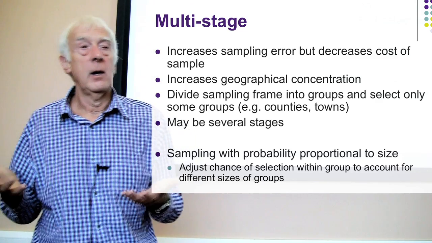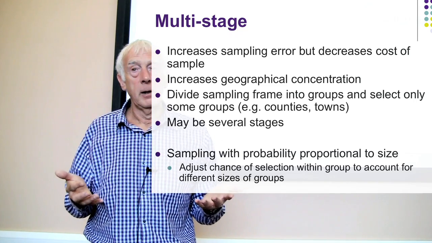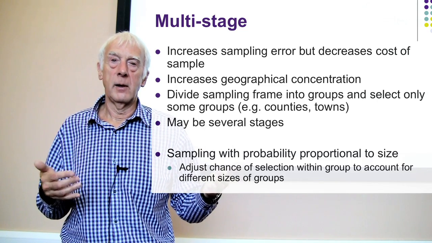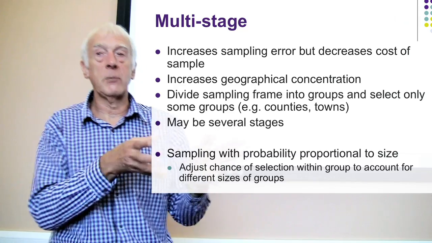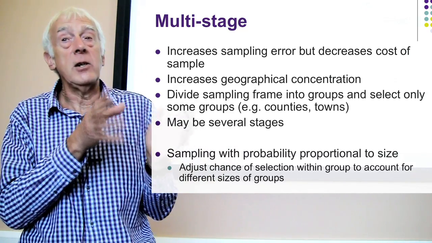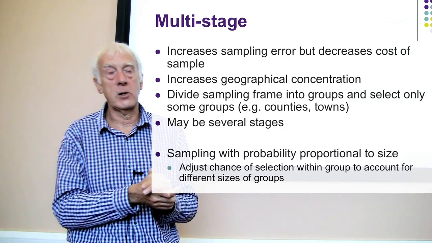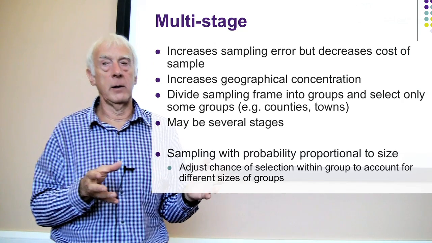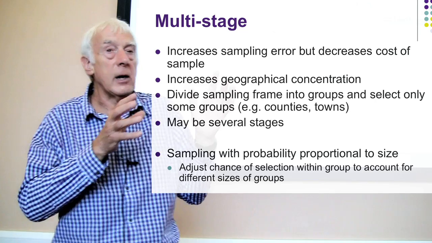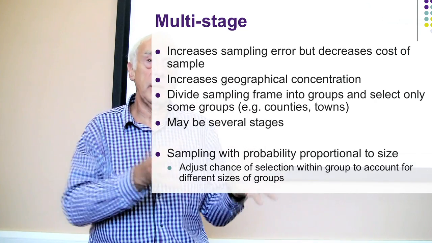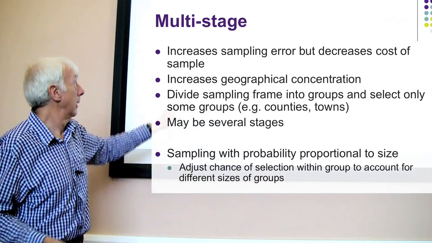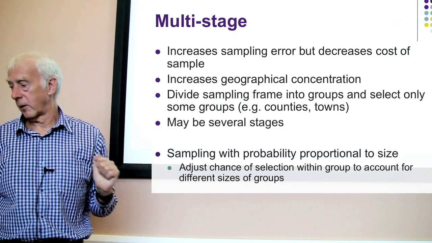In which case, other things being equal, the people in Manchester are less likely to be chosen. Having chosen Manchester, then picking a subset of people in Manchester, each individual has a lower chance of being chosen. So you can fix that by increasing the proportion in your sample. So you can actually include more people from Manchester because it's a bigger area than Cornwall with a smaller area. And that's sampling with probability proportion to size.